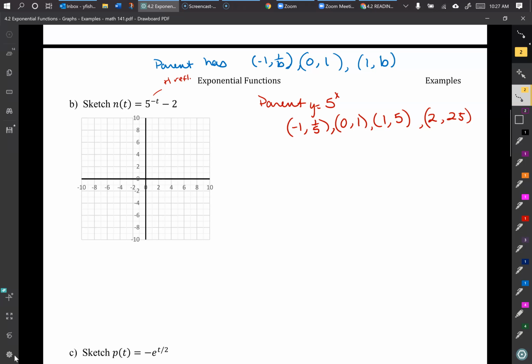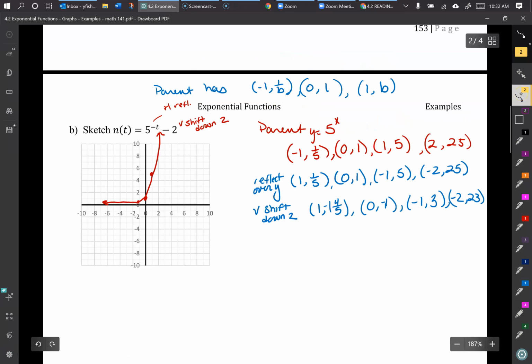And then you're going to have your shift. It's a vertical shift down 2. So all the y's will subtract 2.